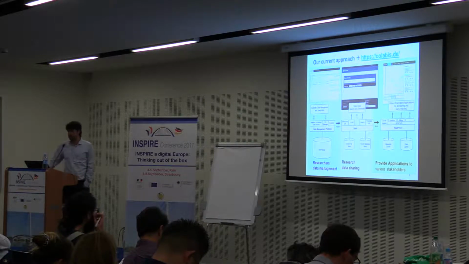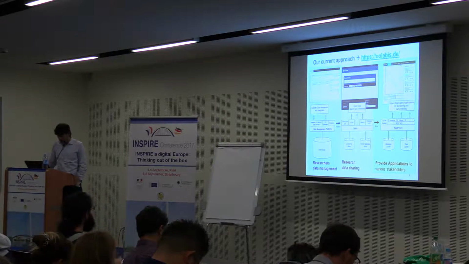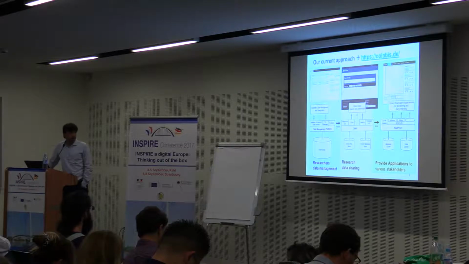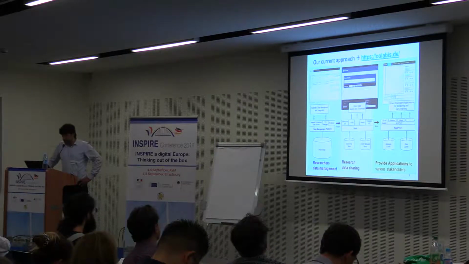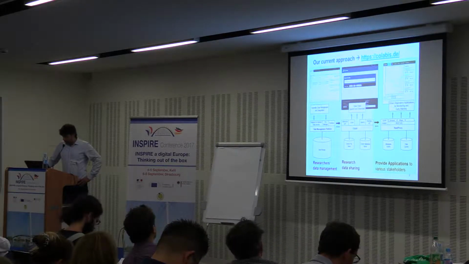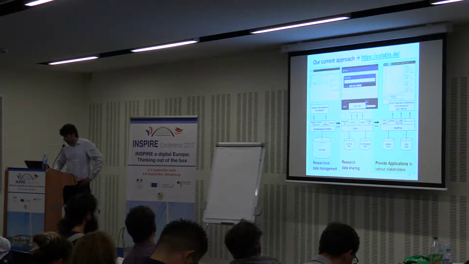This is basically the tool that the researchers use in their everyday work. When it comes to publishing of the data, we have the two components on the right. First, it starts with metadata publishing in CKAN, which is a search platform for data. And then when it comes to the actual publication of the data itself, we have the stack on the right side.